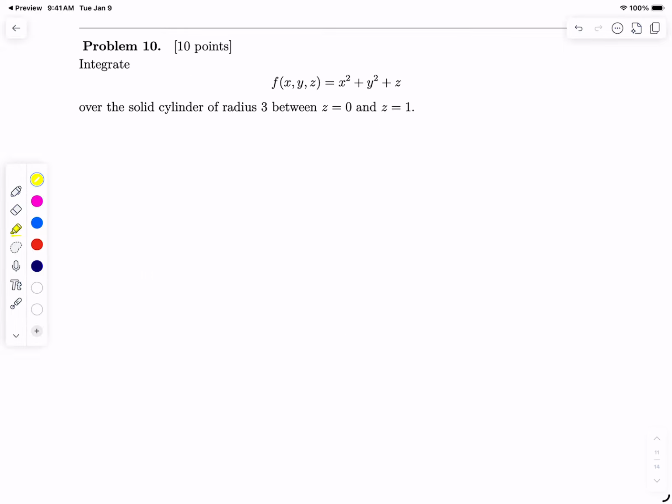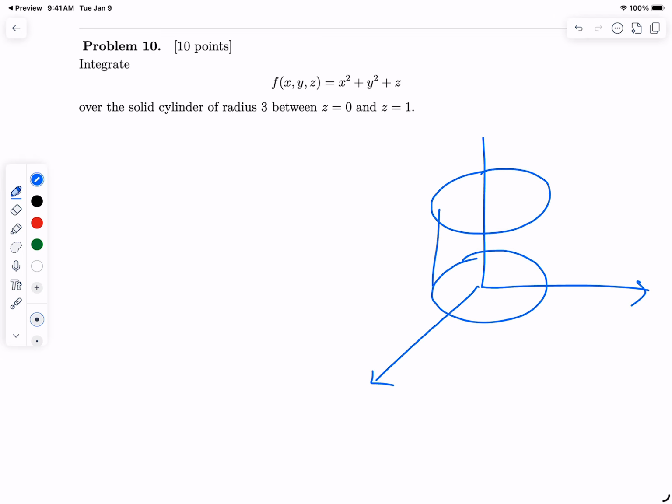How to integrate this one over the solid cylinder of radius 3 between z equals 0 and z equals 1? The question is, what coordinate system should I use to integrate this function? Cylindrical.